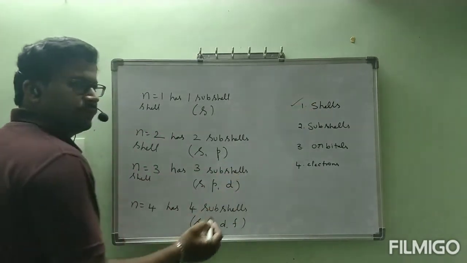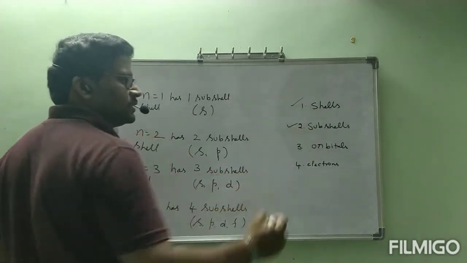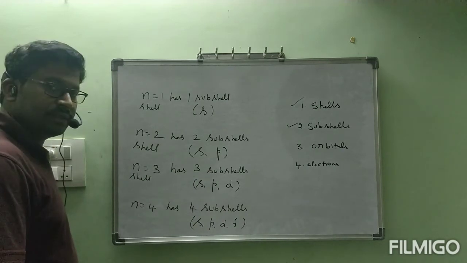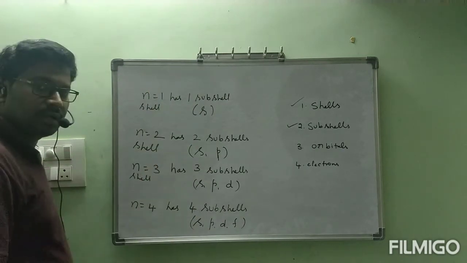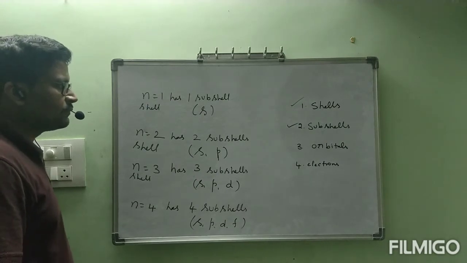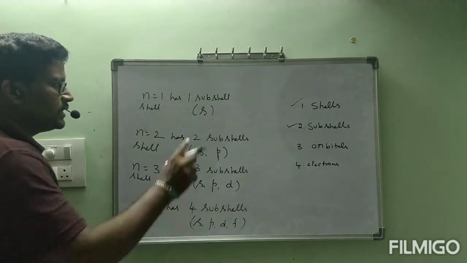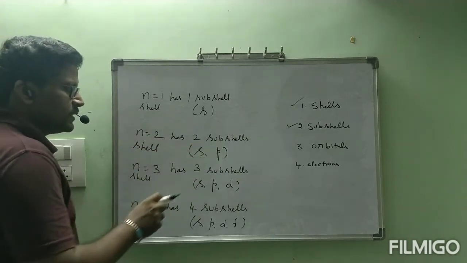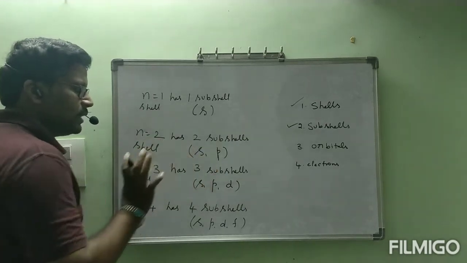First shells, next subshells. After that we have to see orbitals. Before that, write this one in your notes clearly. N is equal to 1 has 1 subshell, that is s. N is equal to 2 has 2 subshells, s comma p.